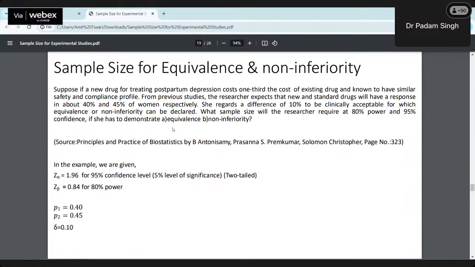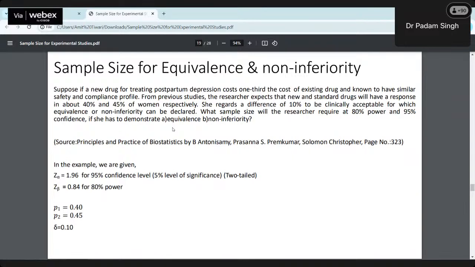And then we are required to suggest a sample size to see whether this could be taken as equivalence if the difference between the outcome of two treatments is within that specified margin of 10%. इन्होंने specified margin जो बताया है, अगर 10% का भी फर्क होगा, we will take this as equivalence.